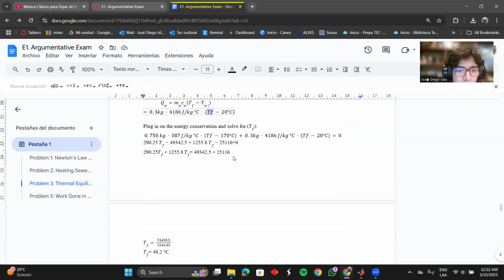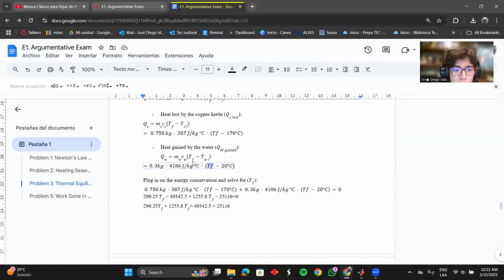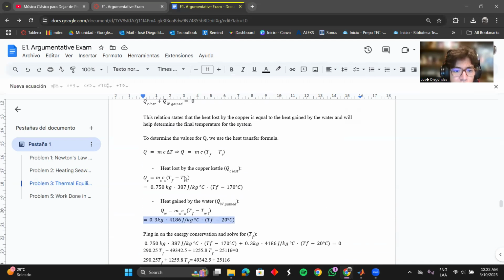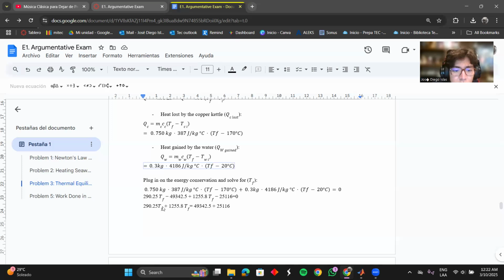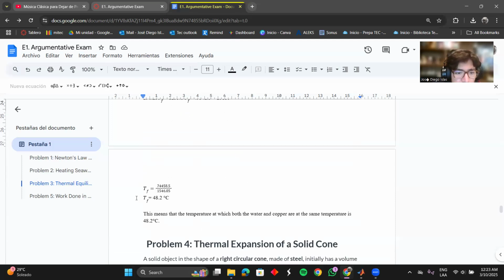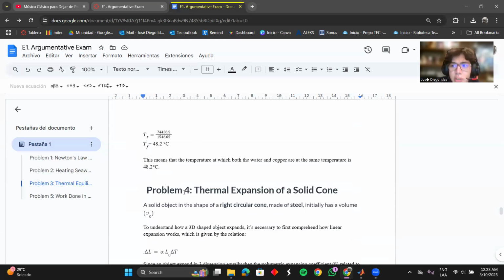Since this is Q for water and this is Q for copper, we know that this is equal to this. So we just state that relation and solve for TF. We do a lot of mathematics, and we finish with the TF for both things being 48.2 degrees.